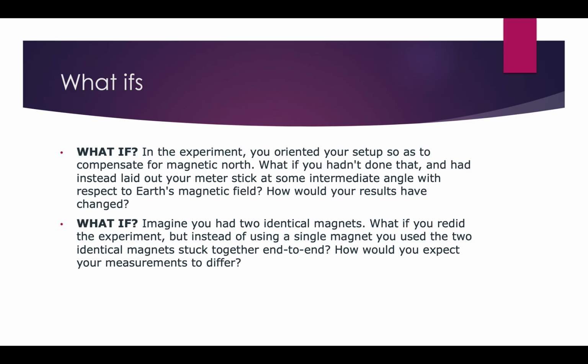Some what ifs. The first what if is, if the magnetic north was not oriented before we could use the readings that the app provides as a value before starting, this only means that afterward we would have to correct for those values.